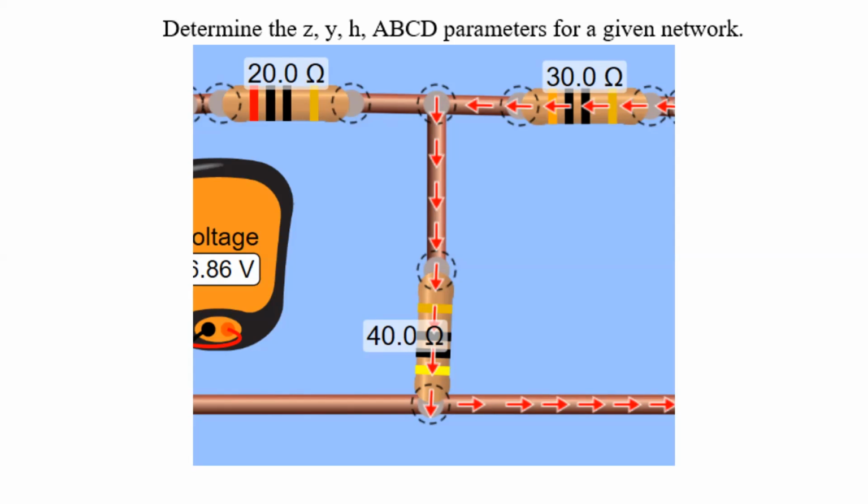You can go through those videos, and in all these parameters there is nothing special. Either you have to calculate short circuit voltage or current, or open circuit voltage or current. For all the parameters, you will either short circuit the output side or the input side, or keep the output or input open circuited, and measure V1, I1, V2, I2.